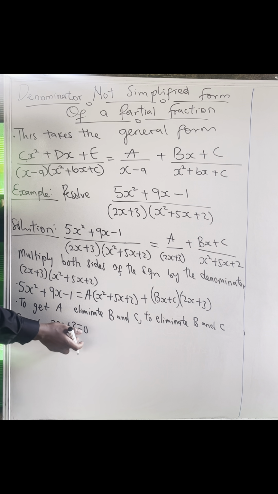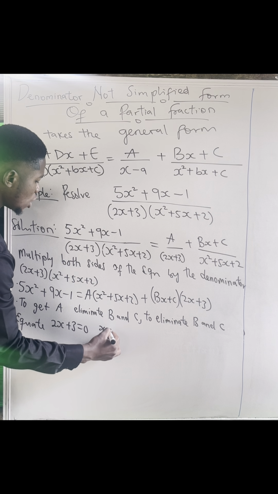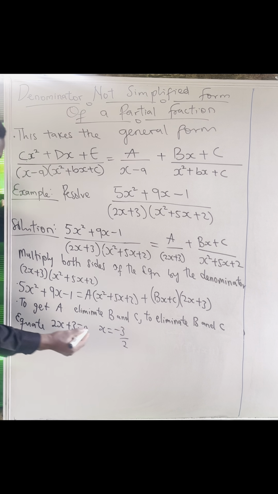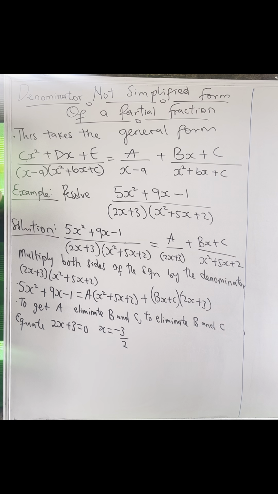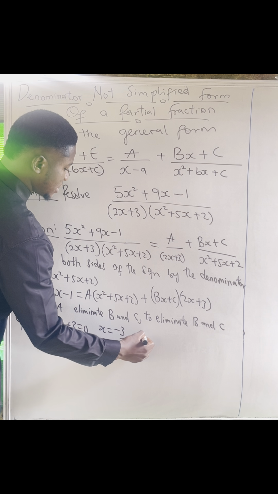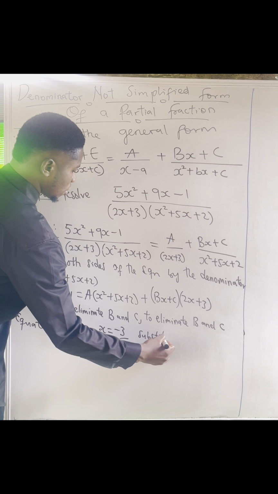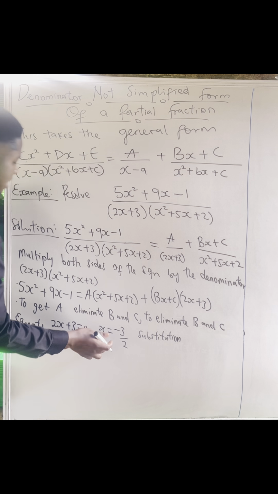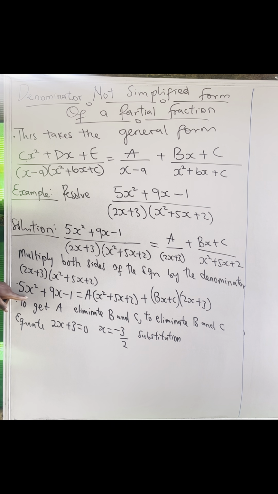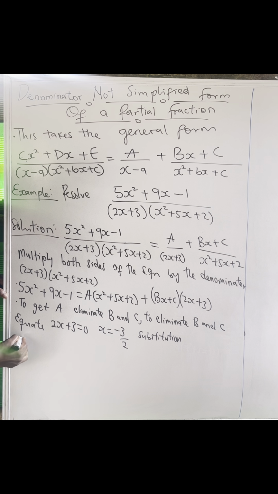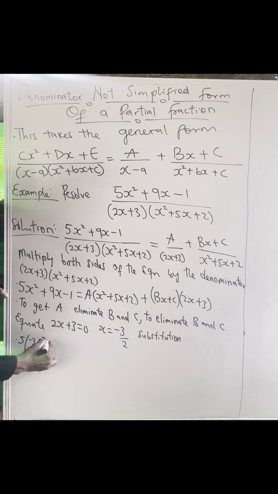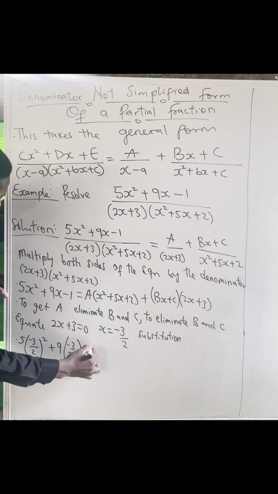So if I should equate 2x plus 3 equals 0, then my x will be equals to minus 3 over 2. So the value of my x will be equals to what? Minus 3 over 2. And then substitute. So therefore, the value of this x I've gotten, I'm going to substitute it into this expression. So this is going to turn to 5 minus 3 over 2 squared, 5x squared, plus 9 minus 3 over 2 minus 1.